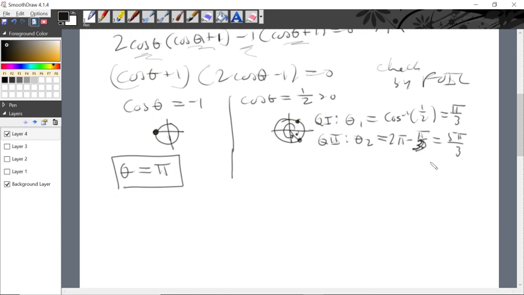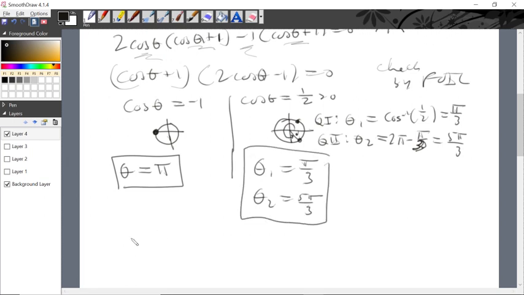Okay, so theta 1 is pi over 3, theta 2 is 5 pi over 3. Our complete set of solutions for theta, in ascending order, would be pi over 3, then pi, and finally 5 pi over 3.